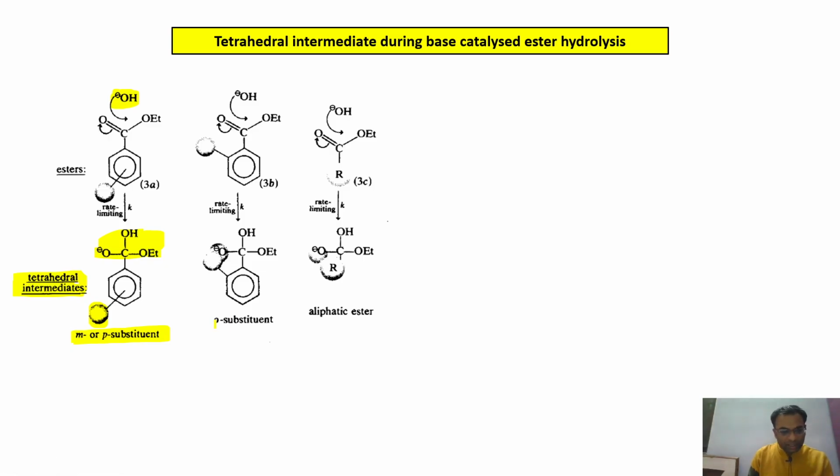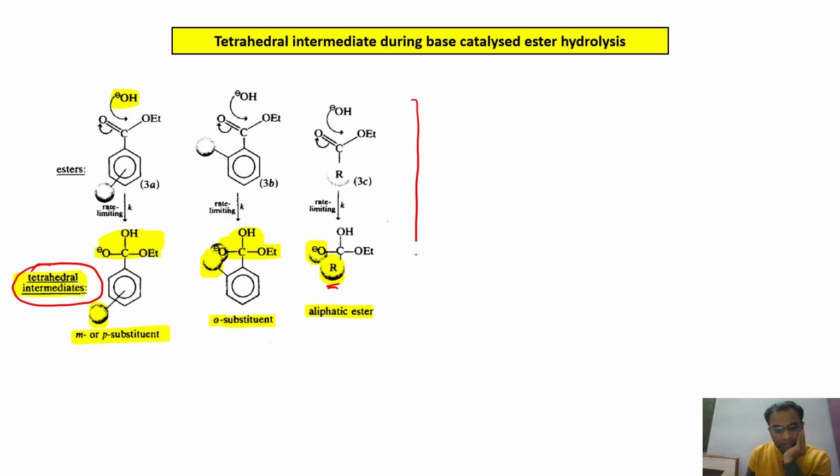But when we study the tetrahedral intermediate for the ortho substituent, we can see there is a huge steric crowding between this ortho substituent and the tetrahedral intermediate. The same type of steric crowding occurs in the case of aliphatic ester. Here also this R group is causing steric crowding in the formation of the tetrahedral intermediate.